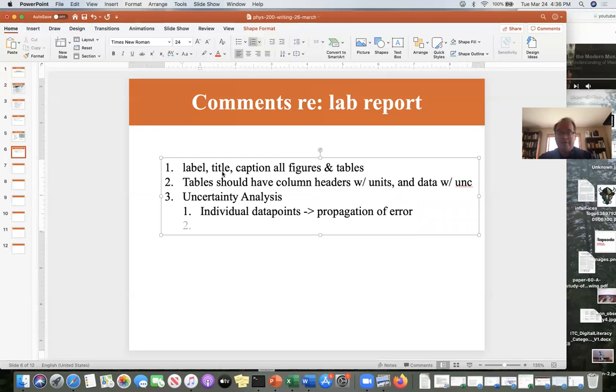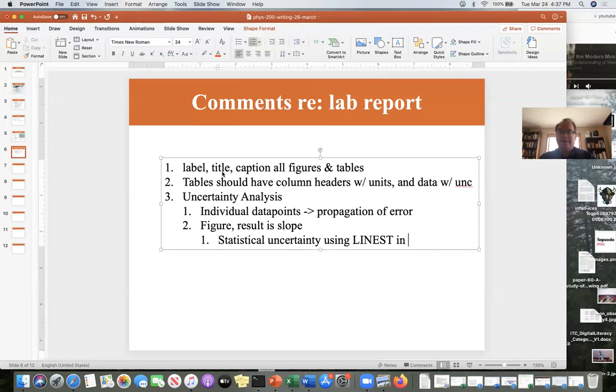If you have a figure where your result is the slope, then there are two ways you can get uncertainty. You can get a statistical uncertainty by using, I should write this out, uncertainty using LinEst in Excel.